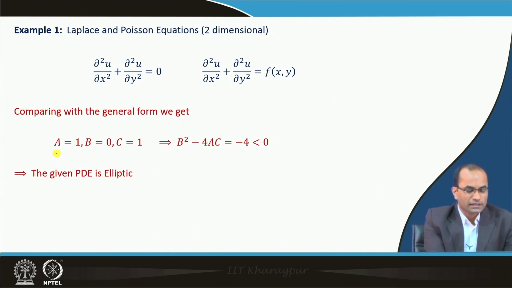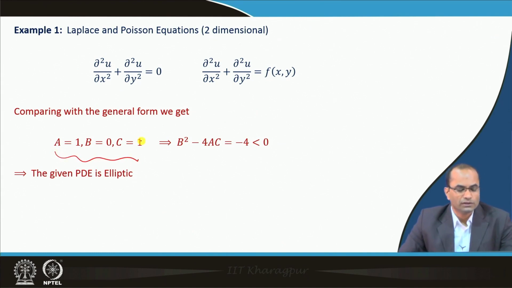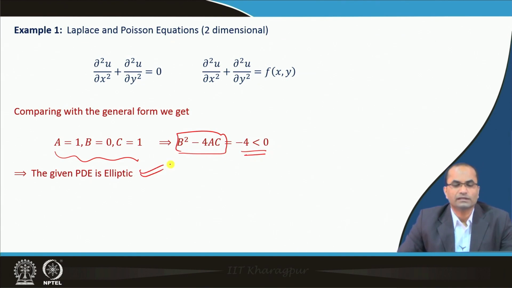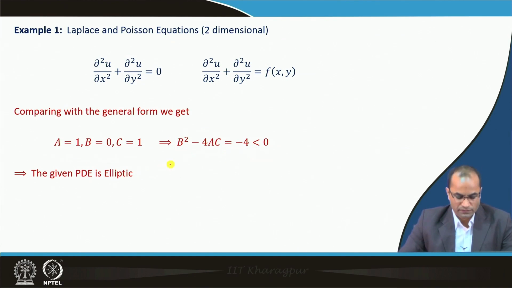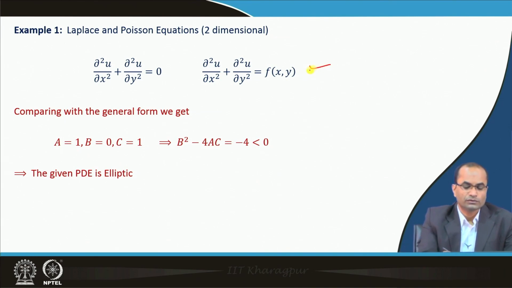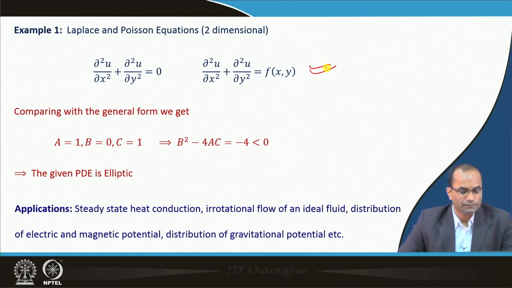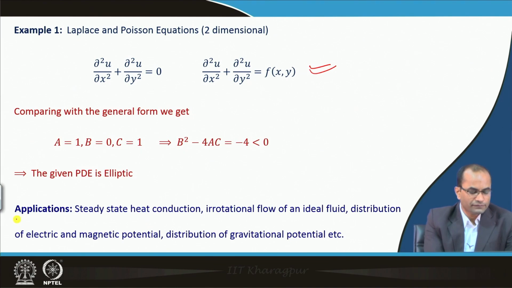Based on this classification, we have to just look at these coefficients a, b, c, and then we can compute this discriminant. Based on this, we can classify the equation. So, this is a typical example of an elliptic equation. Both these equations, whether Laplace or Poisson, are elliptic. It has several applications.